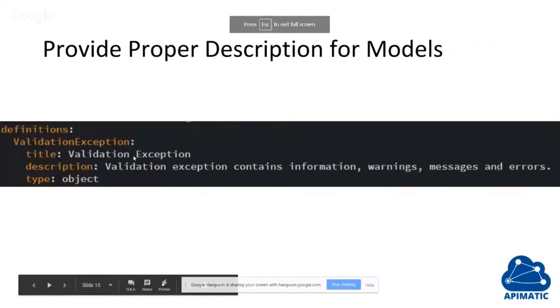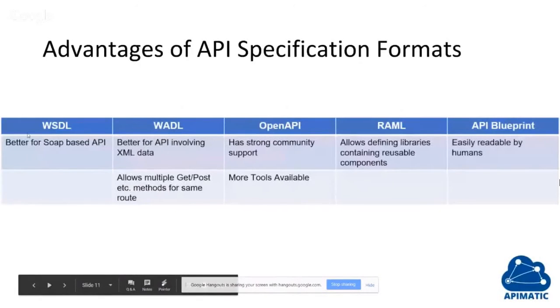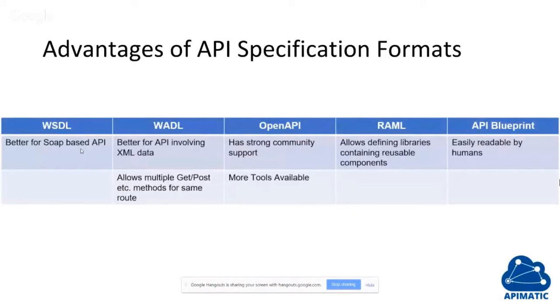So I have all these API specifications here. WSDL was basically made for SOAP-based APIs. Now it depends on whether your API is SOAP-based or is it a RESTful API that was written in WSDL 2.0.